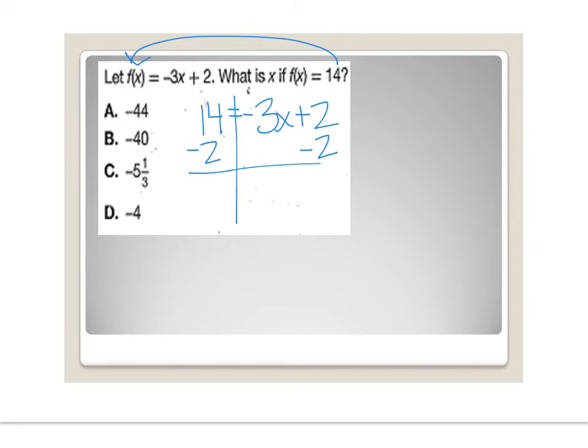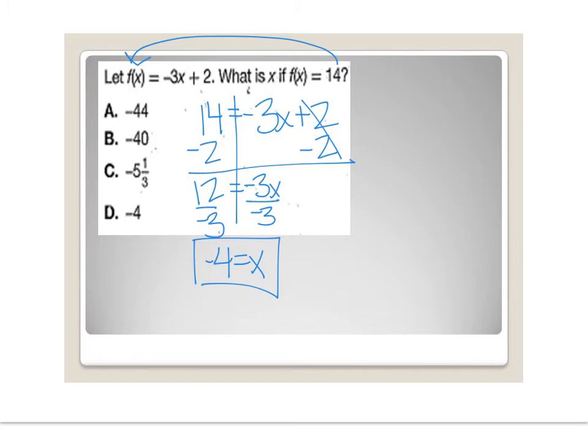Minusing 2 on each side. And then dividing by negative 3. So negative 4 equals x.